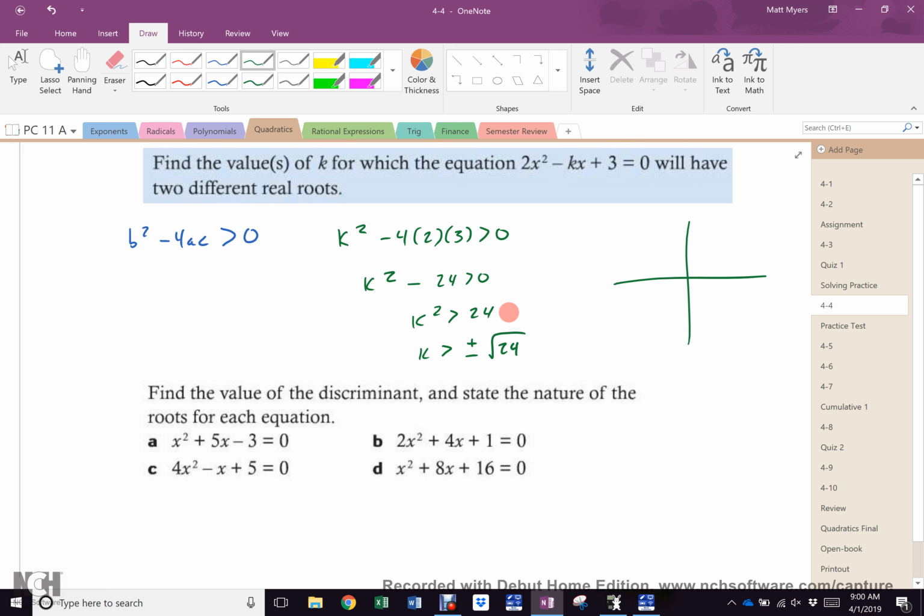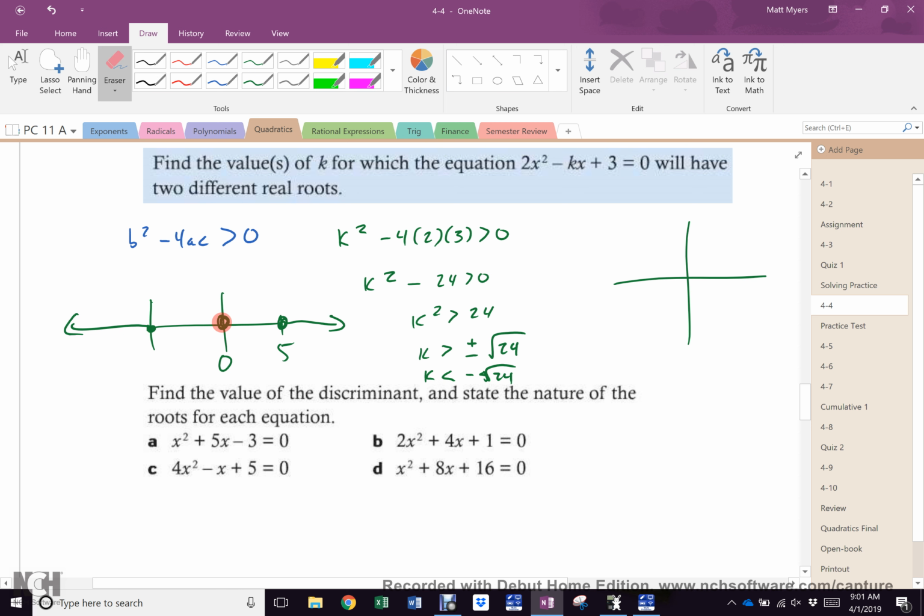Because root 25 is 5. So if it's either positive 5, there's 0, there's 5. It can be any values bigger than 5, right? Right? But it also can be less than negative root 24. Because I got to go this way.